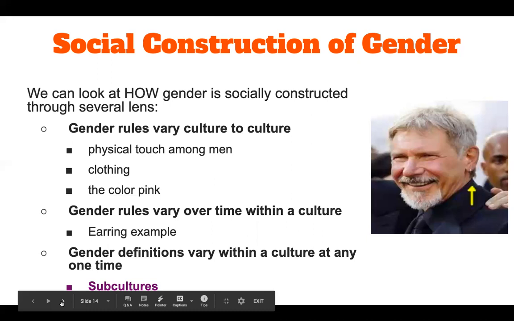So all of this is just saying, once again, none of this is natural. You're not born as a girl loving the color pink, in the same way that boys aren't born being more aggressive.